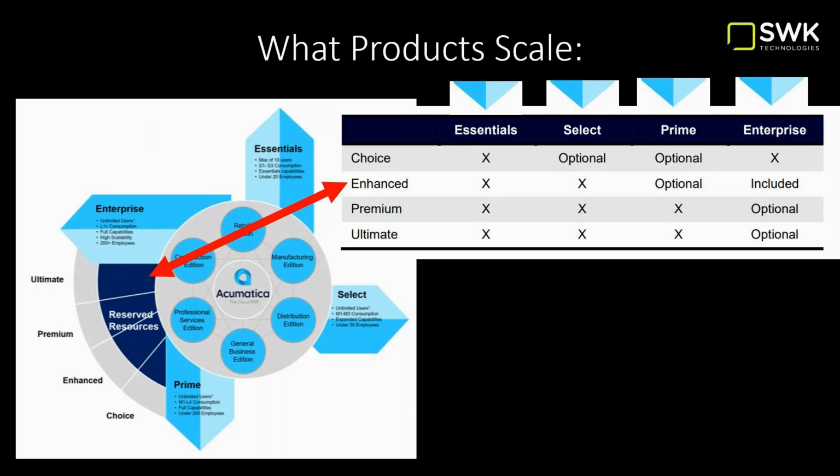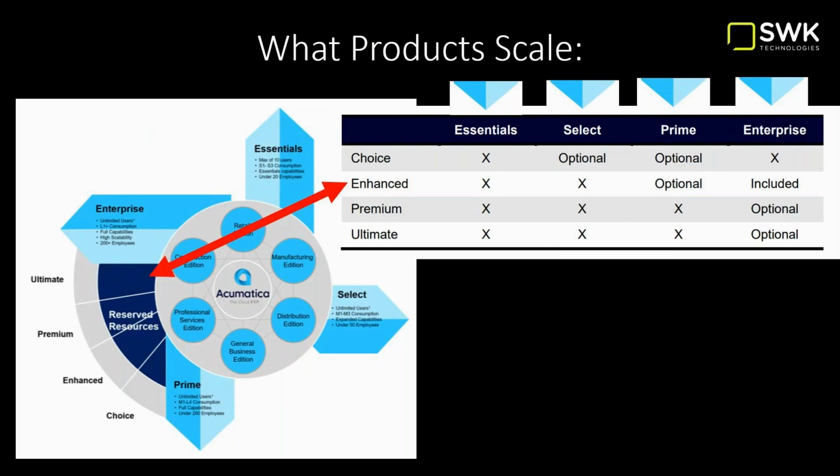If you're in the Prime, you can add Choice or Enhanced, and obviously Enhanced is greater resources than Choice. Enterprise actually comes with Enhanced, so it already comes with reserved resources, and then you can add on top of that. So this shows us what reserved resources can be added to what products.